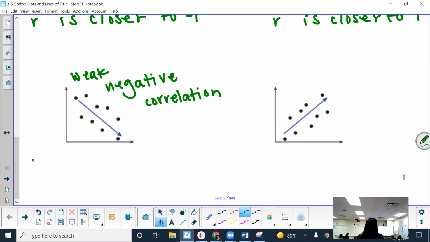What did you estimate the R value as? Good. If you thought 0, 0 is for no correlation. So there's still a correlation going on because you can see that it's negative. So it's more just a weak negative. Does that make sense?